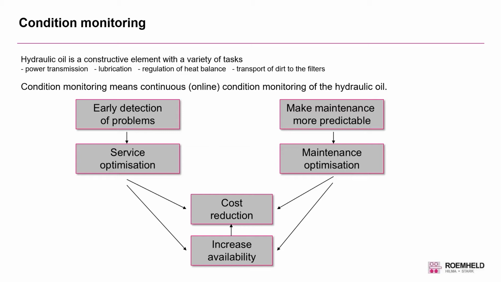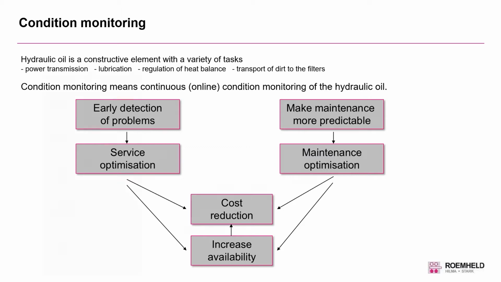This is a big advantage, and it makes service issues effective. So it is finally optimization of the entire maintenance process, and both of these things lead to a cost reduction and the increased availability of the power unit, which is the most important thing to keep the process running more or less 100% of the time.